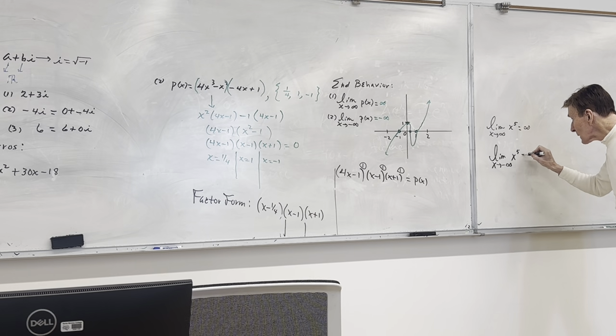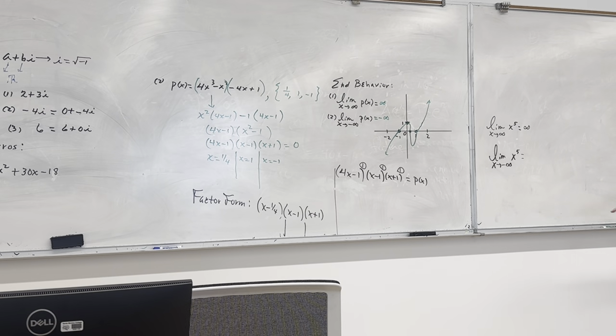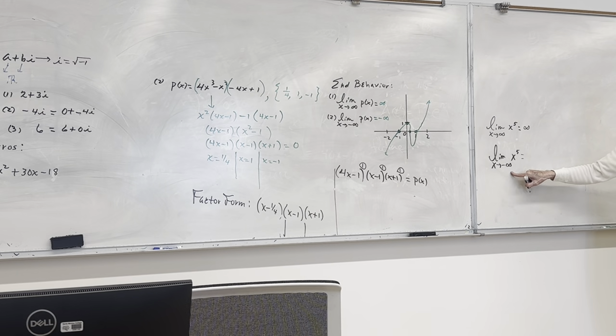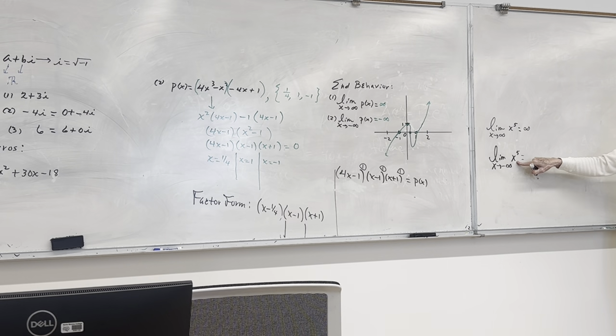If I do not remember what the x to the fifth graph looks like, or I do not remember what Shane gave us for the odds, and I want to find it, but this says now replace x by a negative. Maybe negative 50. That would be showing going to negative infinity, negative 50. Guys, if you put a negative 50 right there and raise it to the fifth, a negative 50 times a negative 50 times a negative 50, first are you going to end up with a negative answer?